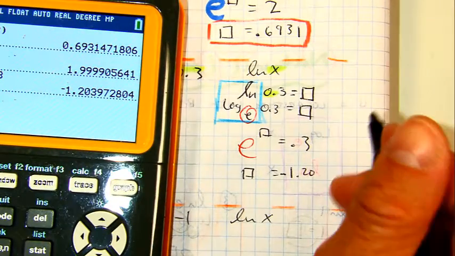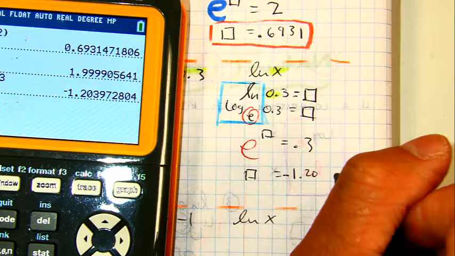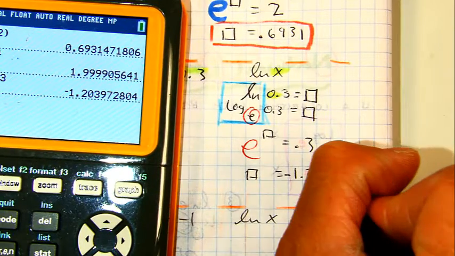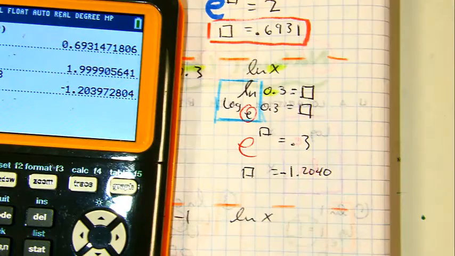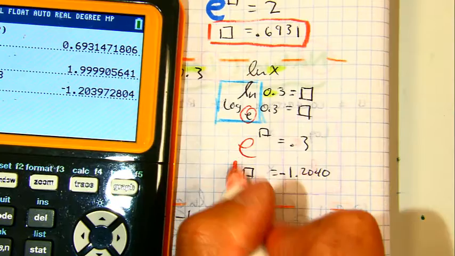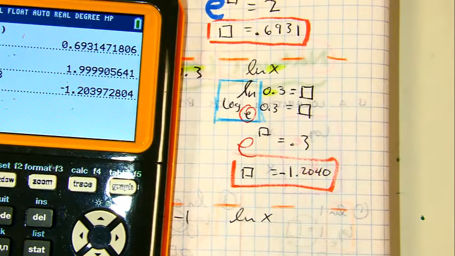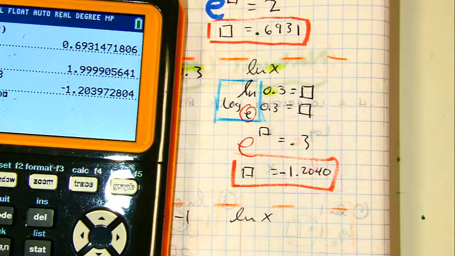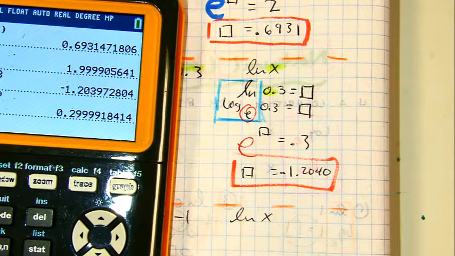It's going to turn into negative 1.2040. Of course, double check your answer. Let's punch it in. Second, natural log, negative 1.2040. And we should get a number close to 0.3. Pretty close, pretty close.